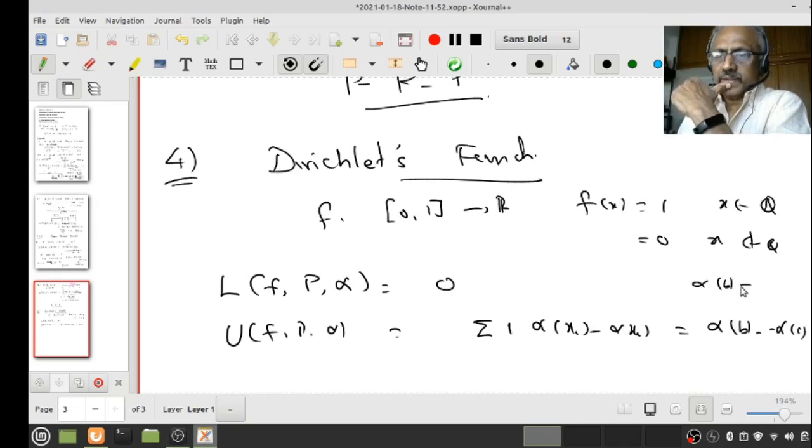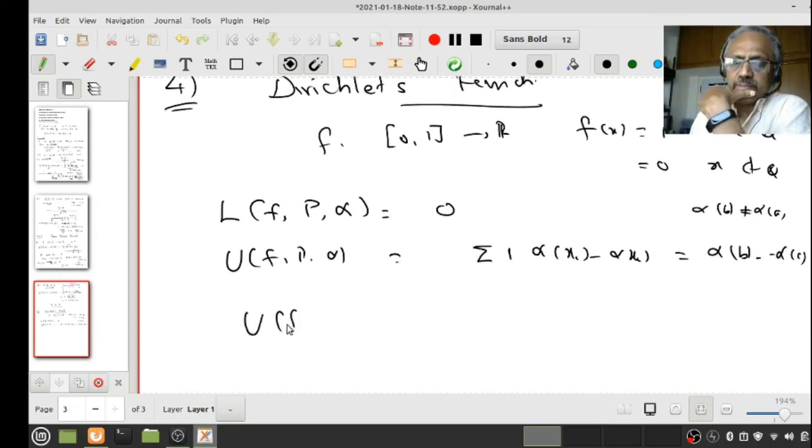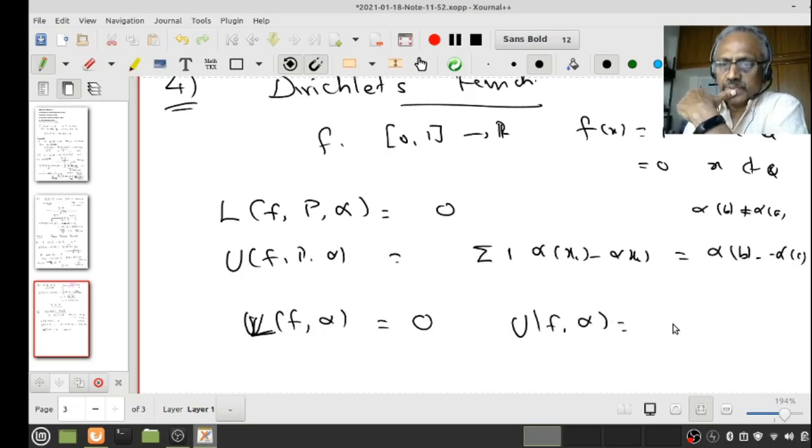So if alpha b minus alpha a are different, then what do I get? L of f alpha is 0, and U of f alpha is alpha b minus alpha a, that is alpha 1 minus alpha 0, because we are in the case [0,1].